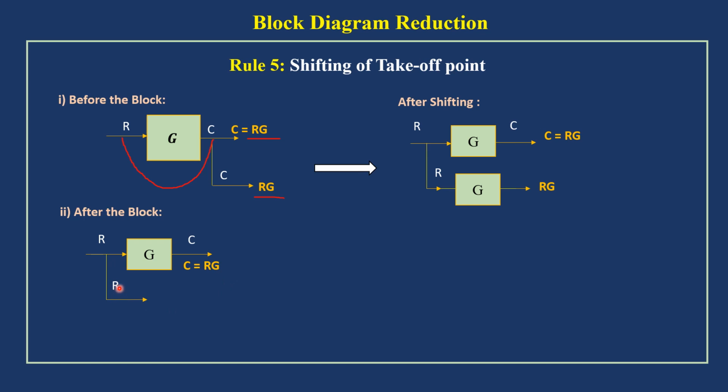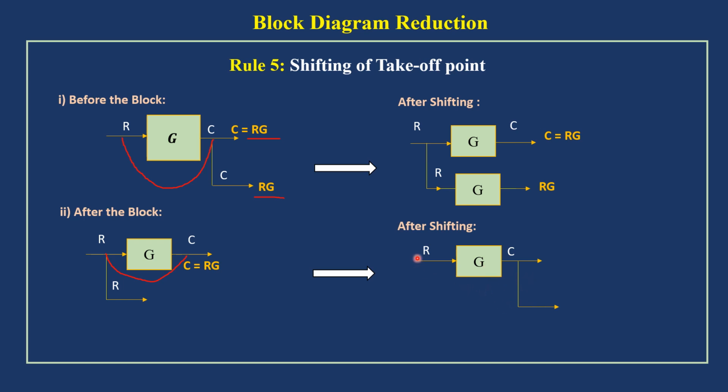Now the takeoff point output should be maintained the same, and the main output should be maintained the same. For that we shift the takeoff point after the block. First I have shifted the takeoff point after the block.